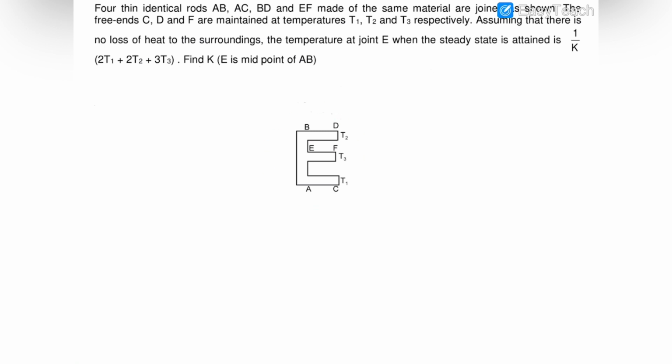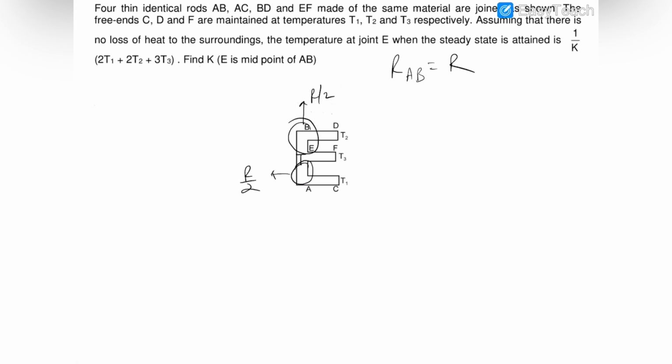So we have to find out the temperature of this joint. Let us suppose that the temperature of this joint is T, and the resistance of each of them is equal to R. So the resistance of this one, which is the half length of AB, will be R by 2, and this will be R by 2.